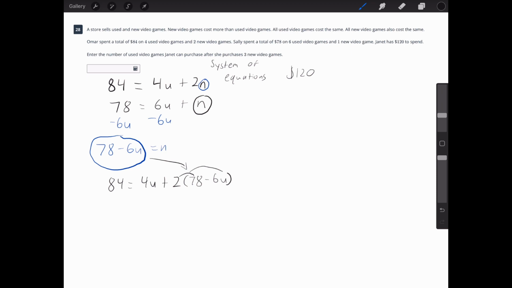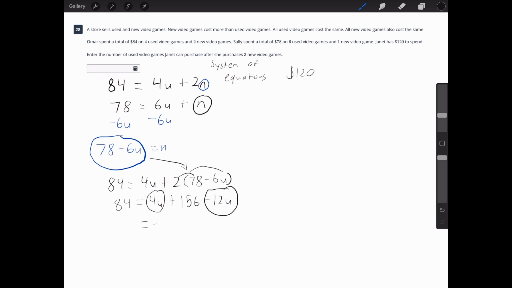That's 156 minus 12u plus 4u equals 84. Right, at this point we can combine like terms where we have a 4u and a minus 12u.